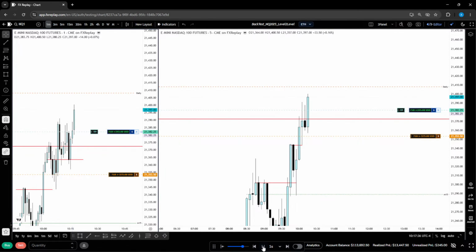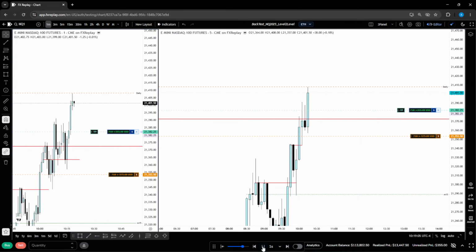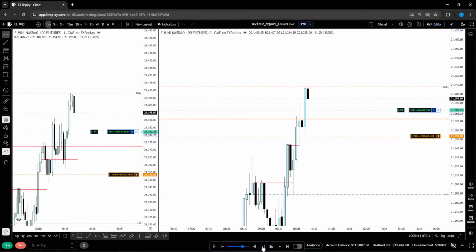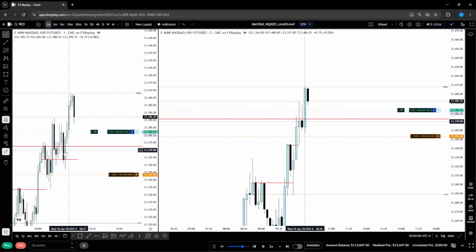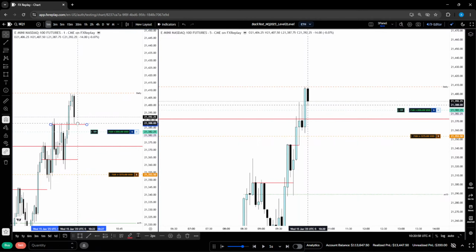Okay. This is a daily level, so let's see, but it has been tested quite a bit of time, so let's see if we can break above it or no. These are the levels we can come back down to.